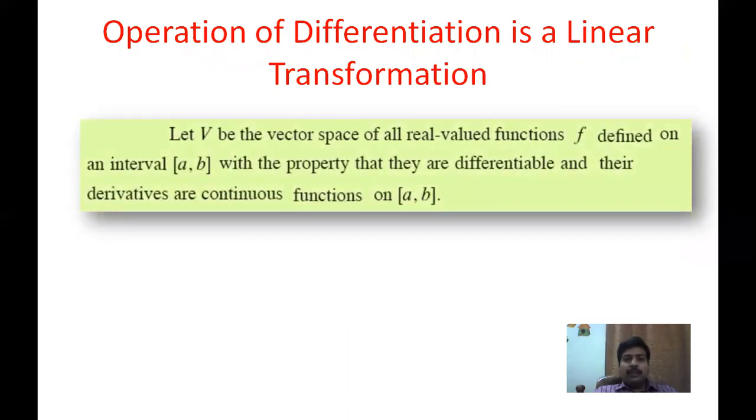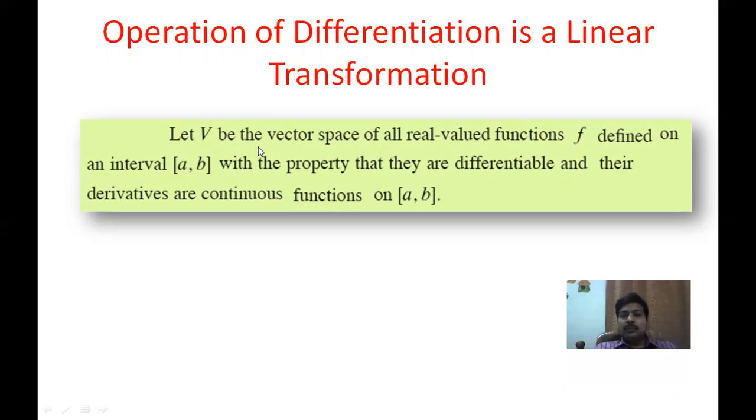Let V be the vector space of all real valued functions f defined on a closed interval [a, b] with the property that they are differentiable and their derivatives are continuous functions on the closed interval [a, b]. So that is the set we have taken, whose elements are real valued functions defined on some closed interval [a, b].